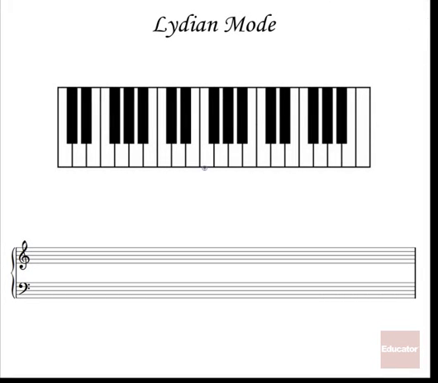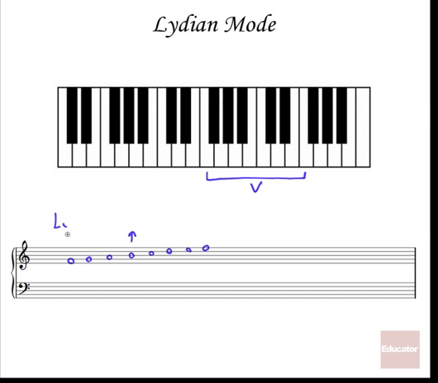Okay, and moving from E up to F, we take all the white notes on the piano from F to F, and that gives us the Lydian mode. And now we've got a major third, so we're going to compare this to the major scale, and we will see that there's a half step between B and C, which means that this B is raised from where it would be in the major scale.